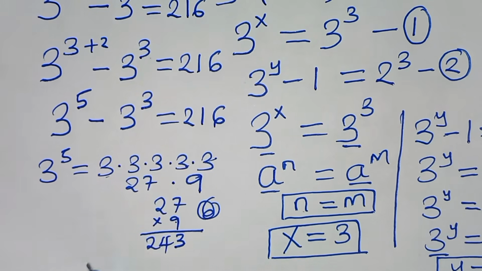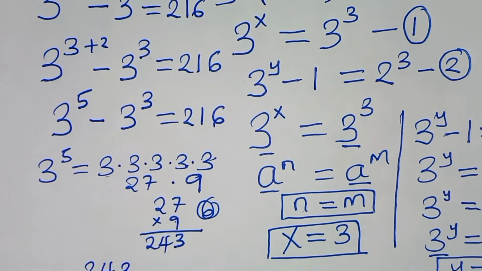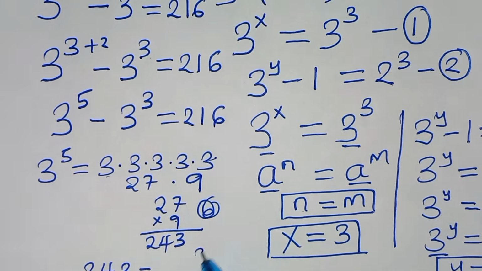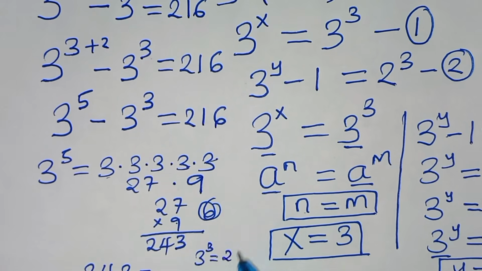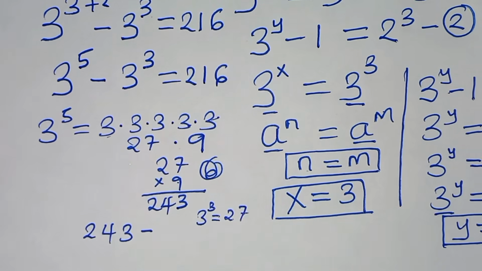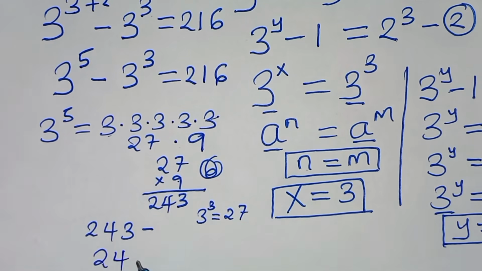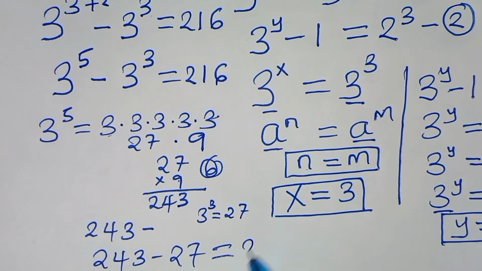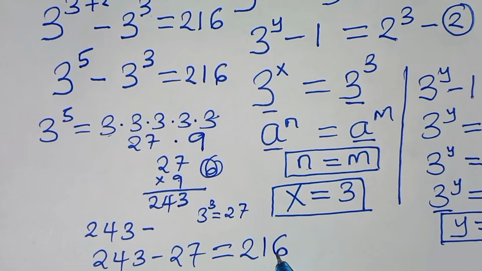So we have 243, subtract 3 to power 3, which is 27. So 243 subtract 27 should give us a value of 216.